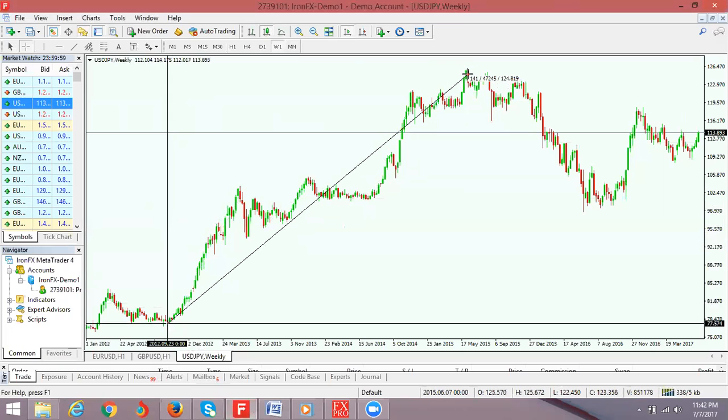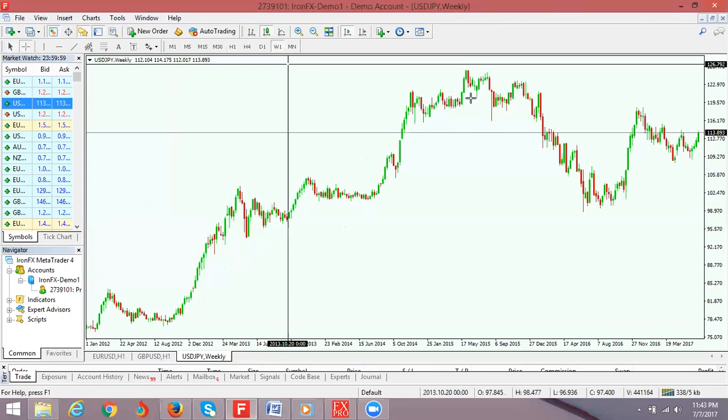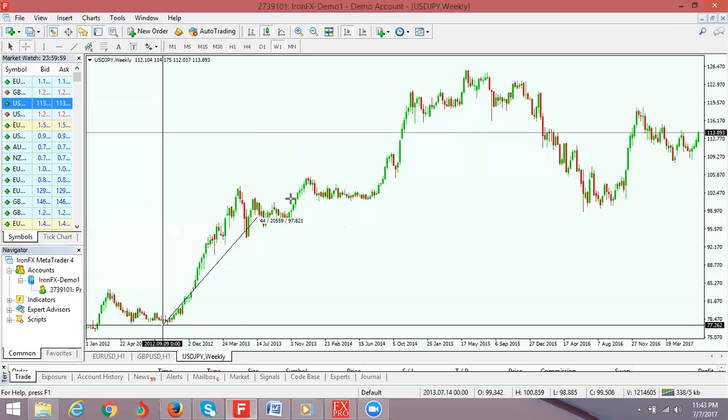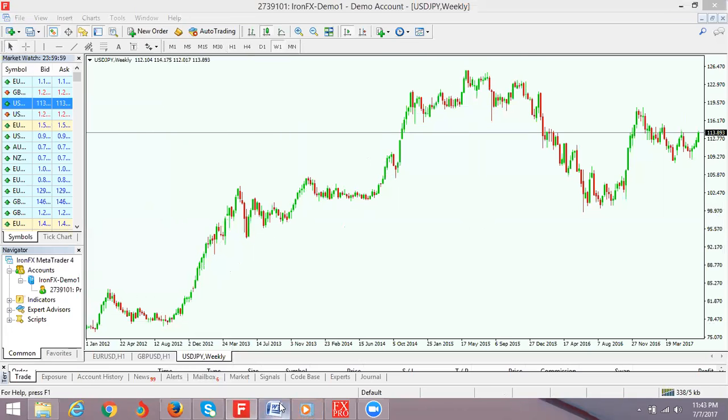And let me check the apex of the chart here, the topmost point the market reached. That was in 2015. So, as long as the market is going in his favor, even if it will take him 10 years, he will stay in it and milk the pips. So he's called the position trader.